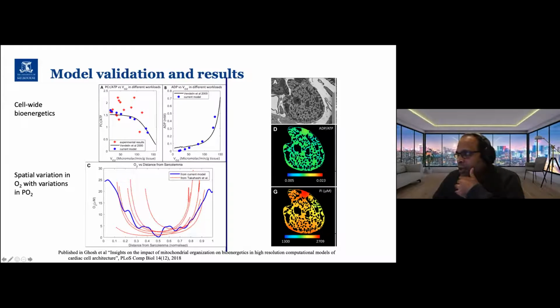So this is that original image of the cross-section. I'm able to simulate things like ADP to ATP ratio and inorganic phosphate distribution within the cell. You can see it's fairly uniform through that cross-section. And I can compare my model predictions against experimental data. Here you see the blue dots representing my model predictions of PCr to ATP ratio relative to oxygen consumption, and the red dots are experimental data.